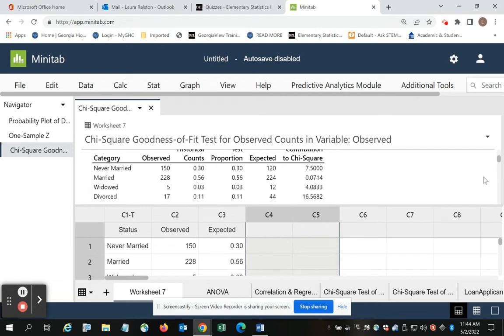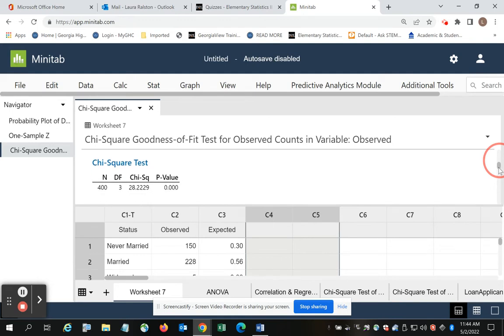Okay, so Minitab does calculate our expected based on the percentages that we gave it for the 400 people in the survey. We keep scrolling until we get to the chi-square test, and we get our test statistic, which is 28.2229, and our p-value is 0.